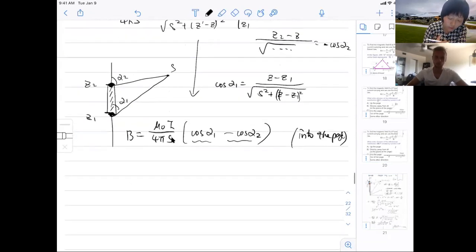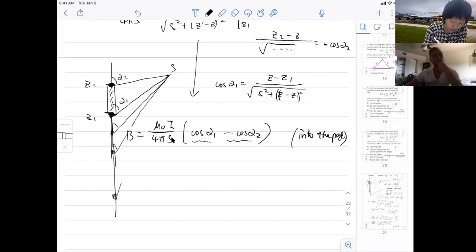Okay, so let's see what would happen if we extend the wire from negative infinity to infinity. As you can see, if I lower my bottom or lower limit to here, this is your alpha 1. If I lower it even more, this is your alpha 1. If I lower it even more, this is your alpha 1. So what do you think alpha 1 becomes if I extend this to negative infinity?